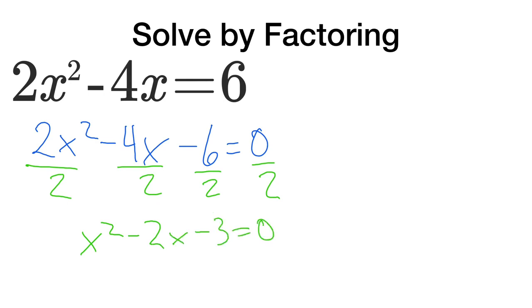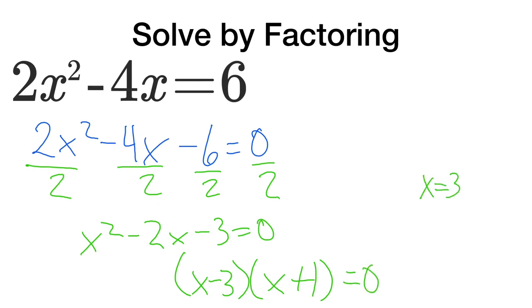So our factors in this case, well, because 3 only has 1 and 3, and they do have a difference of 2, x minus 3 times x plus 1, meaning our answers are x equals 3 and x equals negative 1.